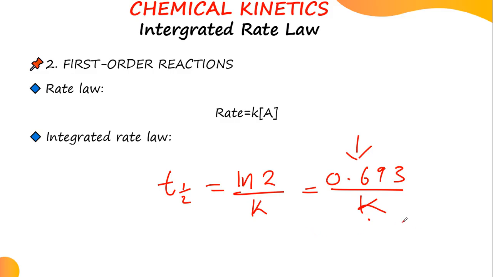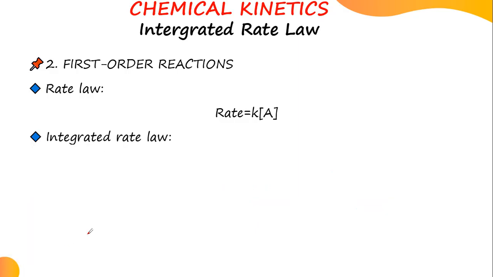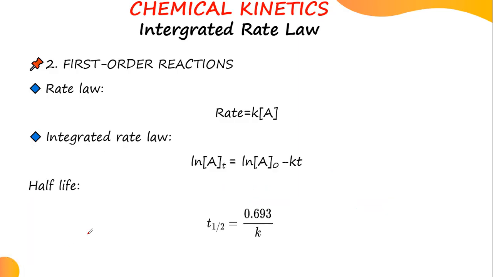That's all. Clear? So that's it, the half-life is there. You can take a screenshot in case I ask you. So before we go to the other part, we solve questions. Any question on this part before we proceed?